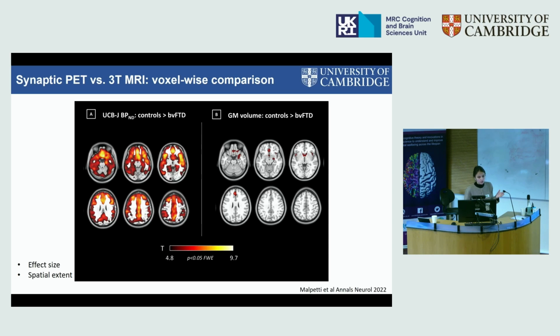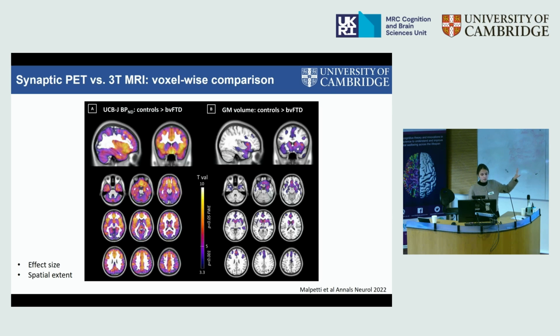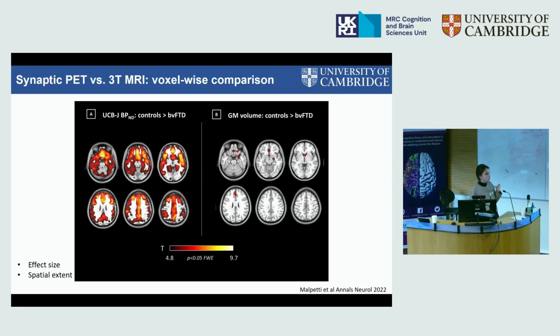This is plotting both the uncorrected multiple comparison results and the FWE-corrected results, to focus on what remains when we plot just the corrected results. You see that the gray matter volume loss is quite restricted in comparison to UCBJ PET.